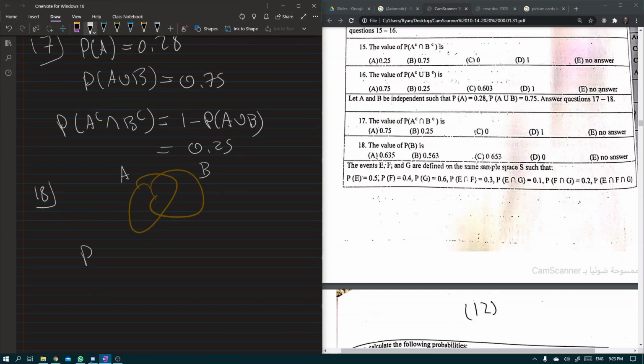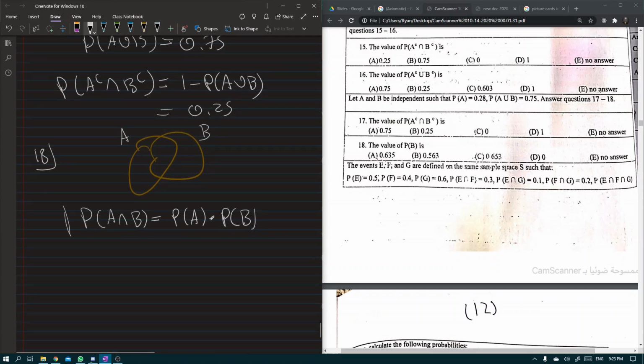When events are independent, the probability of A intersection B is equal to the probability of A times the probability of B. Usually it's after A happened, but here we don't care. Keep that in mind.